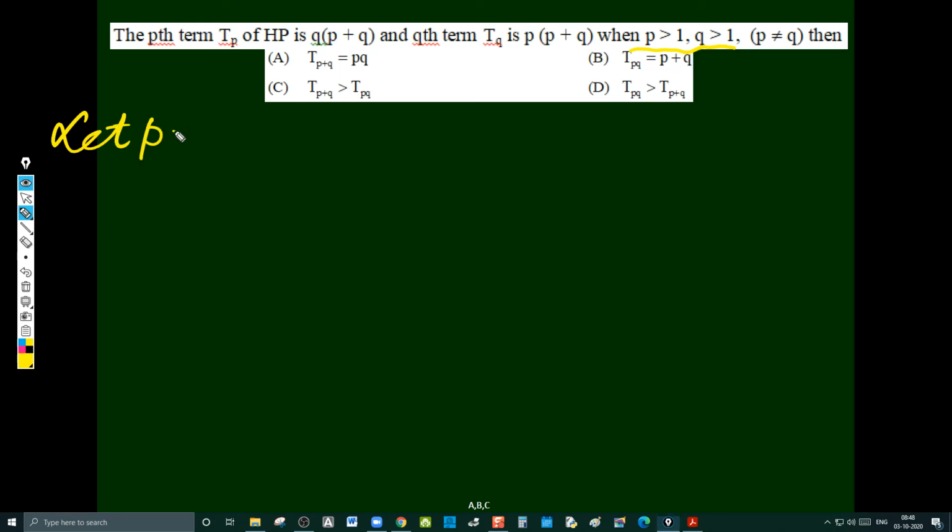Let p is equal to 2, q is equal to 2. But they should not be equal. q is 3. I said 3, but I wrote 2.